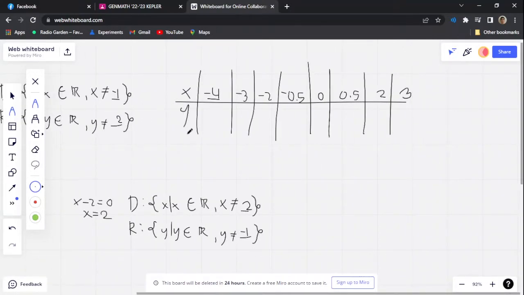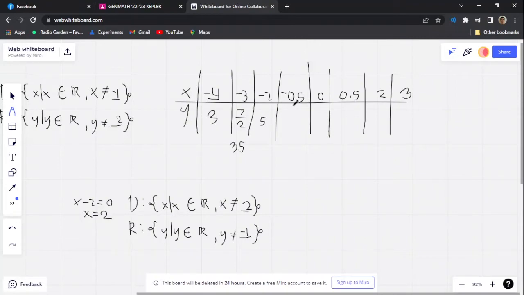Okay, it is already solved. First, negative 4. We would have our y value is 3. Next is negative 3. Now, our y value would be 7 over 2 or 3.5. Next is negative 2, and then our y value is 5.